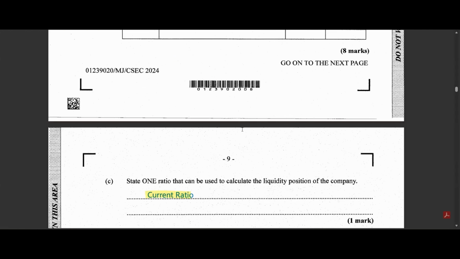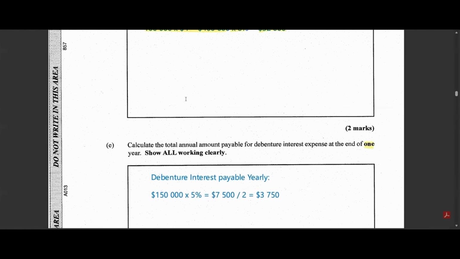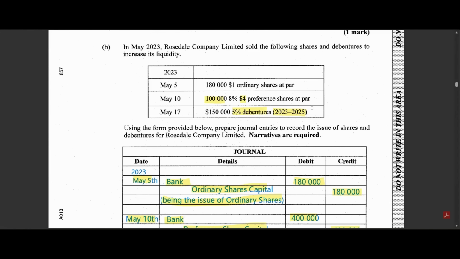Right, moving on to part E. Calculate total amount payable for the debenture interest expense at the end of 1 year. Now notice the key is 1 year, guys. Let's check this out. Now the debenture interest, as you guys see, 5% debentures would have been for 2 years, 2023 to 2025. So 2023 to 2024, 2024 to 2025, that's 2 years.